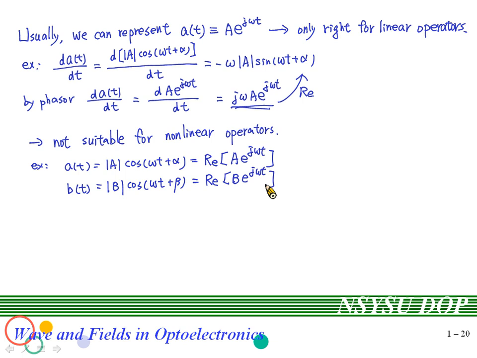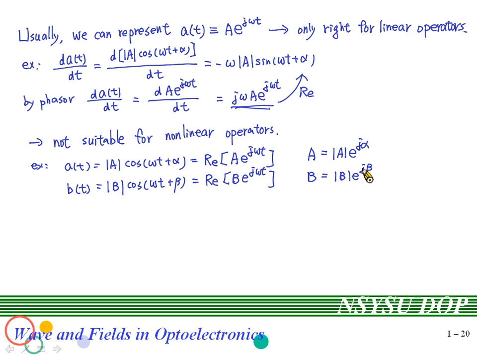The phasor of each function is, for a of t, its corresponding phasor is capital A, which is in this form. And for b of t, the corresponding phasor is capital B, which is in this way.